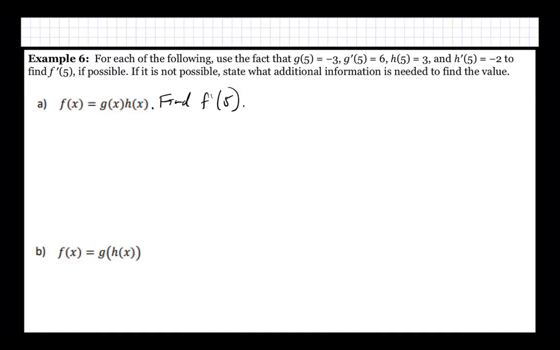And I said the first time they give you a bunch of information like this, the first thing you always want to do is make a table, because if you make a table, it's a little easier to find your information. Okay. So let's make a table. We got G and H, and also their derivatives. So we got G, we got G prime, we got H, we got H prime.